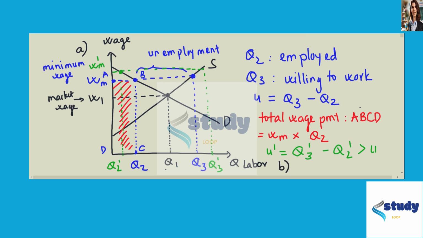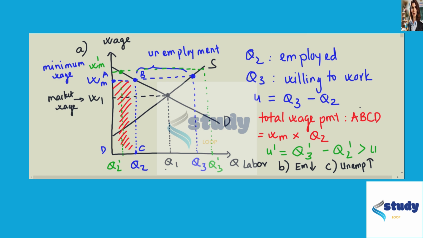Let me write down for part B. Employment decreased. For part C, unemployment increased. The size of the rise in unemployment depends on both the elasticities of supply and demand.